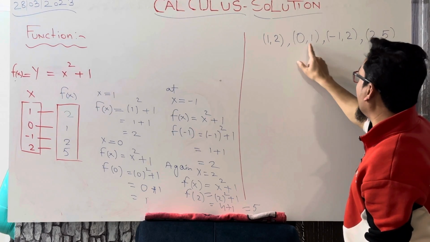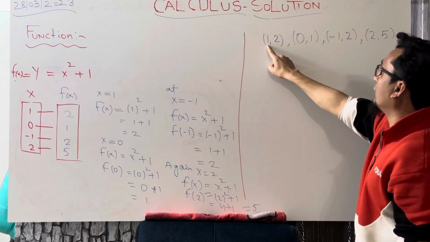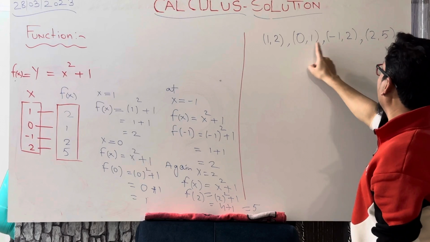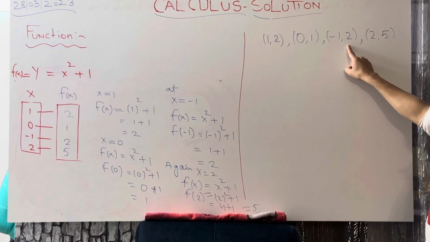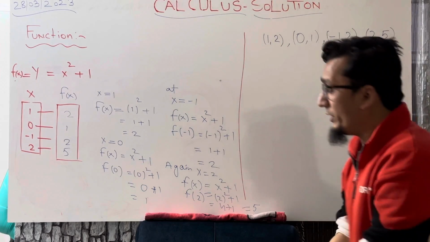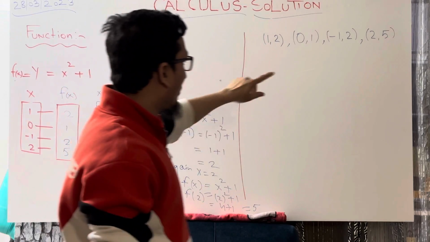This is x, this is y. How can we get the 5? We have this quadratic equation here, right? So these are the ordered pairs.